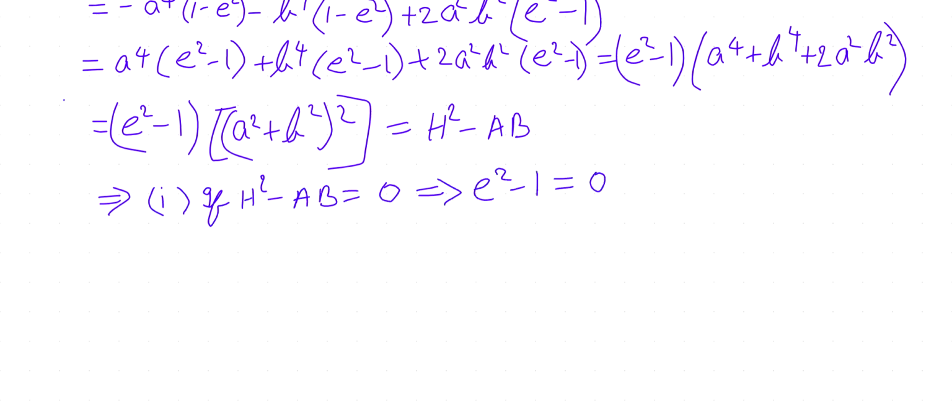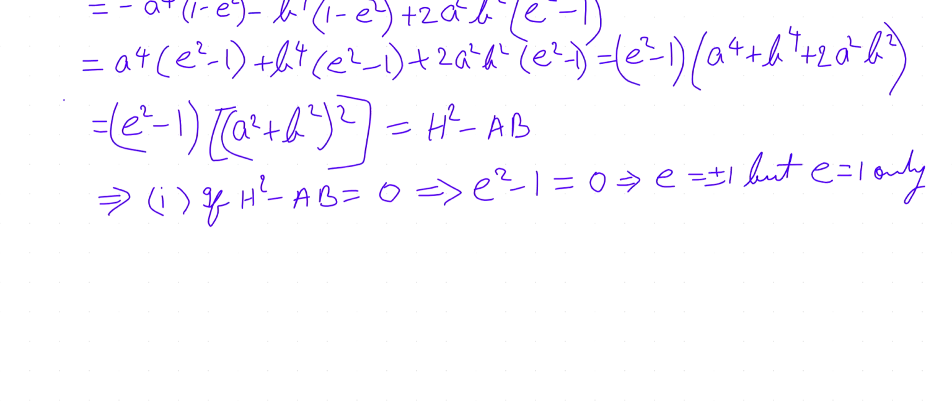And this will imply e is equals to plus minus 1, but e will be equals to 1 only. As we know, eccentricity is the ratio of two distances, so it cannot be negative at any cost, right?